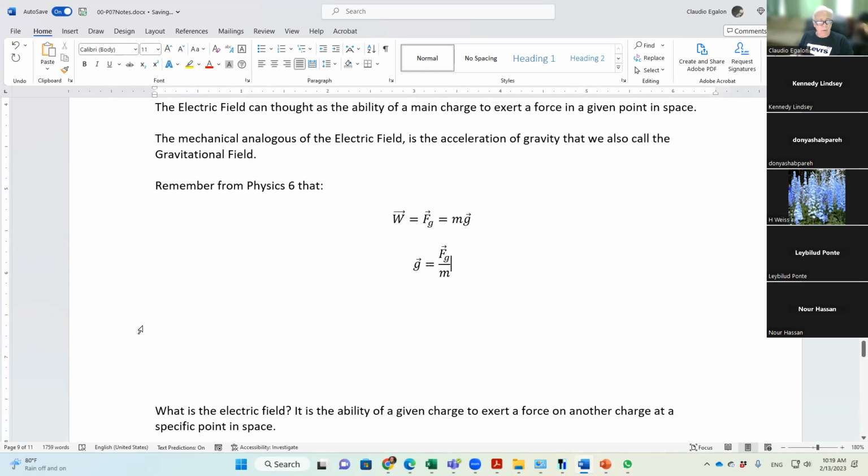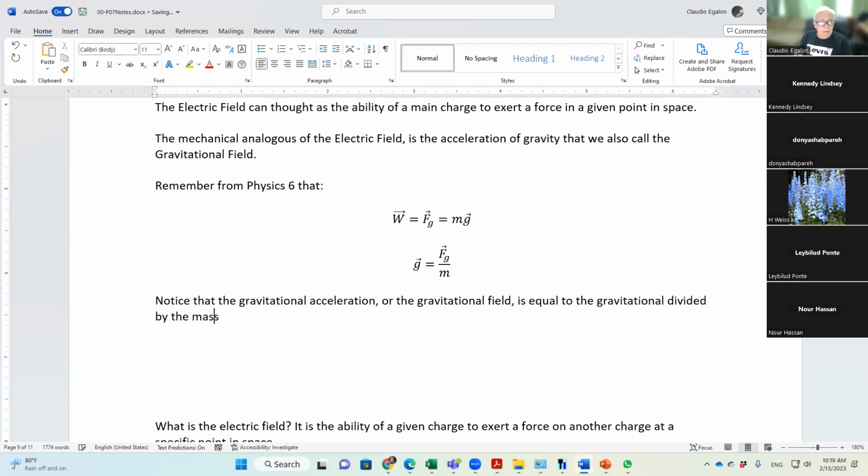Well, we have something similar for the electric field. Note that the gravitational acceleration, or the gravitational field, is equal to the gravitational force divided by the mass of the object, which by the way is the source of gravitational force.